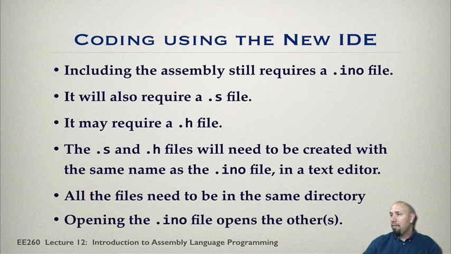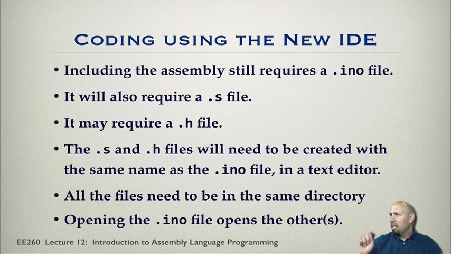In fact, what you can do is start with a .ino file for whatever program you're working with, save it, then go into the folder where that .ino file is and just make 2 copies of it. Name one the same file name with a .h, the other with a .s.